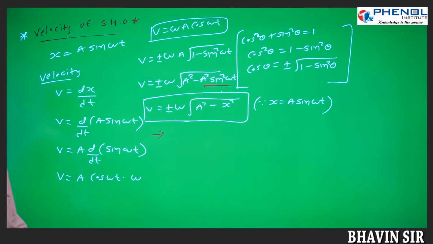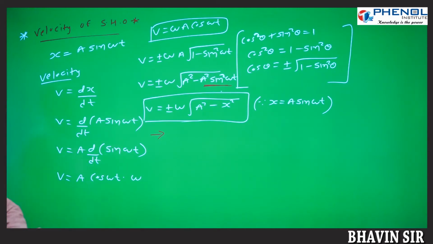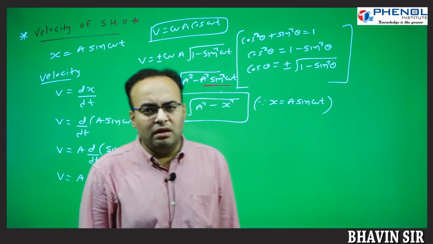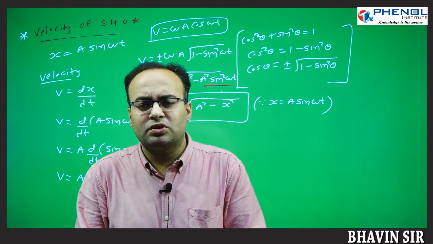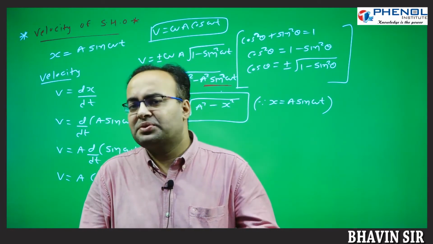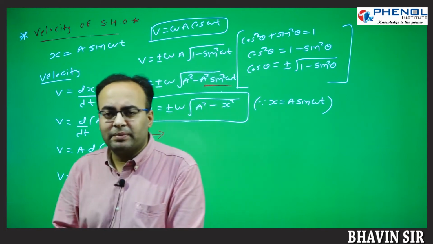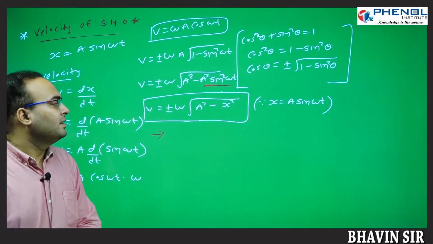Okay. Now see students, next what? Now we take different values of x. Suppose if we take x equals a, so students remember this formula. This is the velocity of SHM, plus or minus omega under root a square minus x square. A is the amplitude, maximum displacement, and x is the displacement.